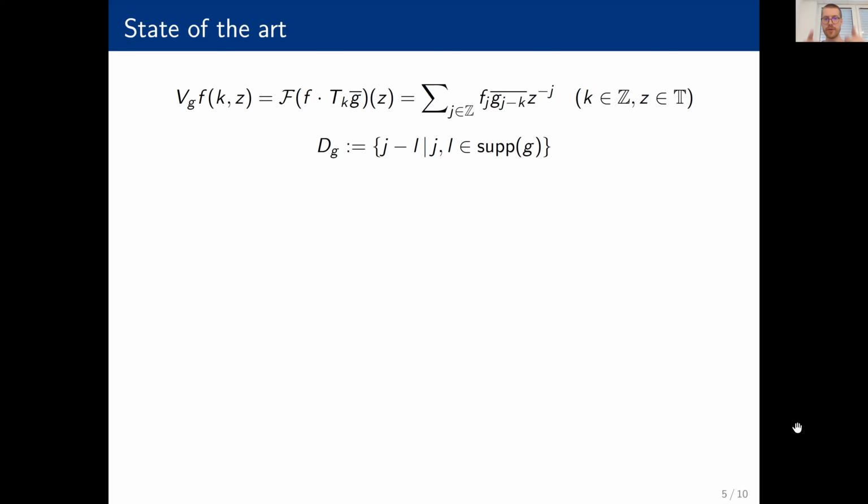Let's say there are two entries of a signal which we want to measure at the same time. This means that there is some position of the window where there are exactly two non-zero entries of the window aligned with these two non-zero entries of the signal. So two entries of the signal can be measured at the same time if and only if their difference is in this set DG.